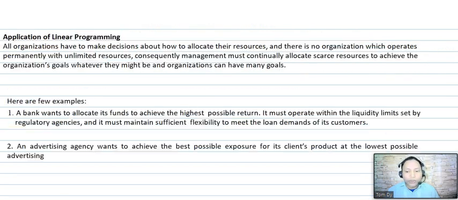Now we will proceed to page 2. We have the applications of linear programming. All organizations have to make decisions about how to allocate resources, which means we have our definition of linear programming: optimization, or maximizing or minimizing our resources in an organization. There is no organization which operates permanently with unlimited resources.